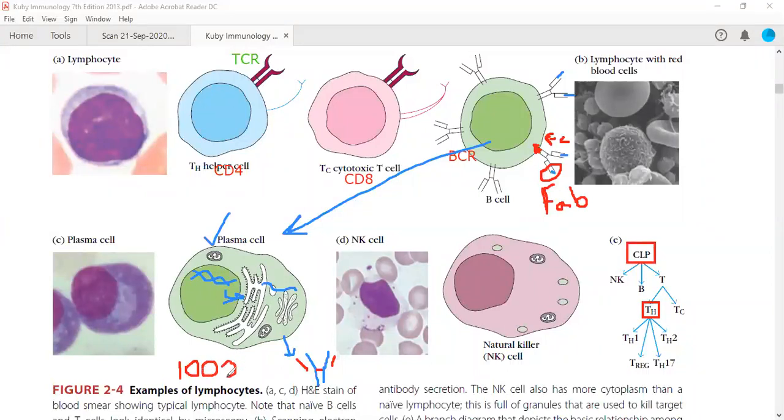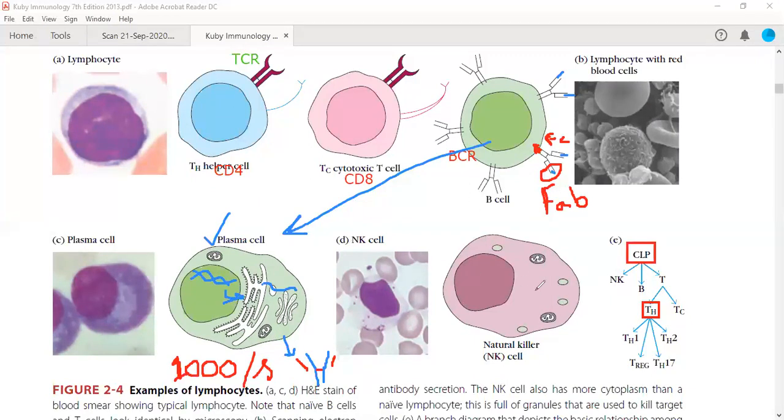So these cells can secrete around 1,000 antibodies per second. So each second they are secreting some 1,000 molecules of antibodies. So they are very efficiently secreting the antibodies, right? So they will make this humoral immune response. Humoral means fluid immune response, or the factors which are secreted into the blood.